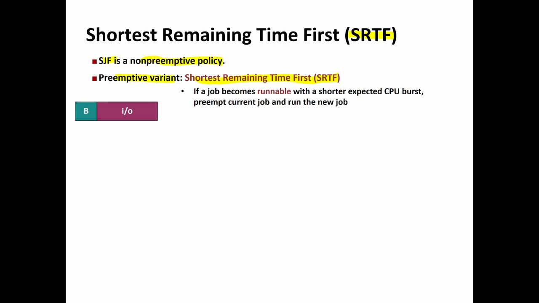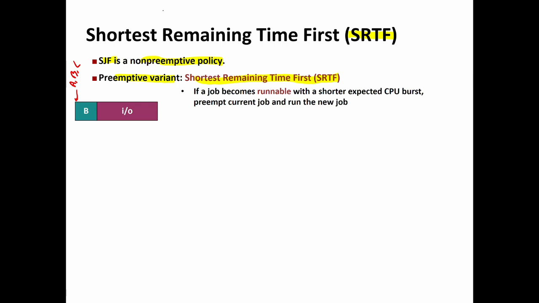If you look again, we have the same tasks, the same A, B, C processes that we have seen in the previous one. Initially, at this time, we had A, B, and C. And if you remember, B had the shortest burst.